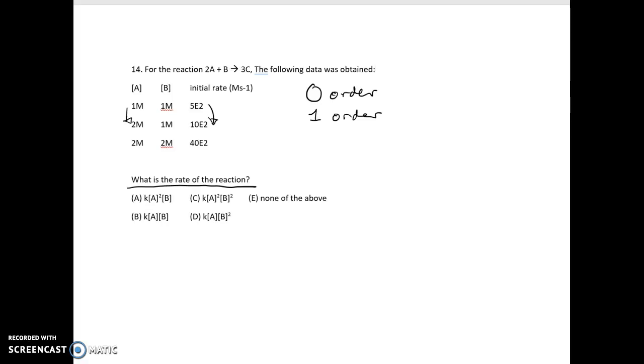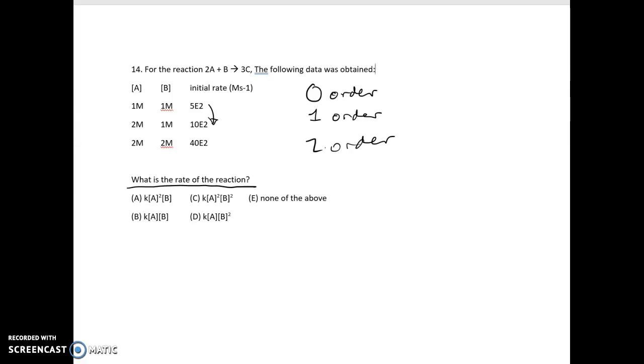So let's say the concentration was tripled, and over here the rate was tripled, then it's first order. And if it's second order, the rate is going to be the concentration squared. So let's say here the change was 3, then over here the change is going to be 9, because it's the square of the concentration.